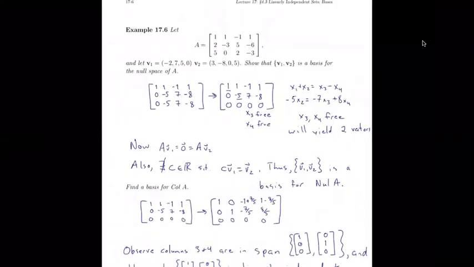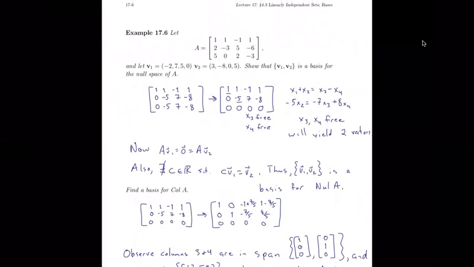What we want to check is that these two vectors here are in fact a basis for the null space of A. The first thing we want to see is that they're actually even in the null space of A. If we do the product AV1, writing it all out, times this 4x1 vector, you'll see that yes, you do get the zero vector.